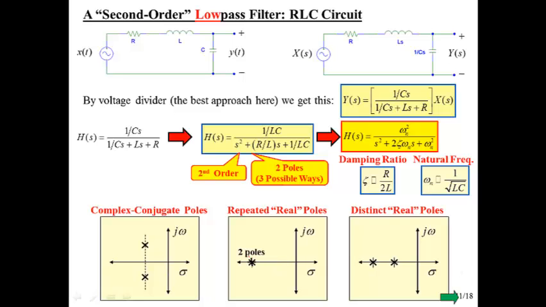There's no way for a real-world circuit to give you one pole on the sigma axis and one pole that's complex. Just simply can't have that case. It just comes out of the mathematics because the R, the L, and the C give you real coefficients here. So all real coefficient polynomials end up having their complex roots appear as complex conjugates.